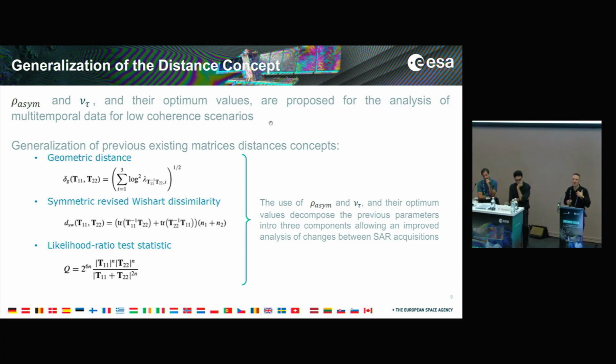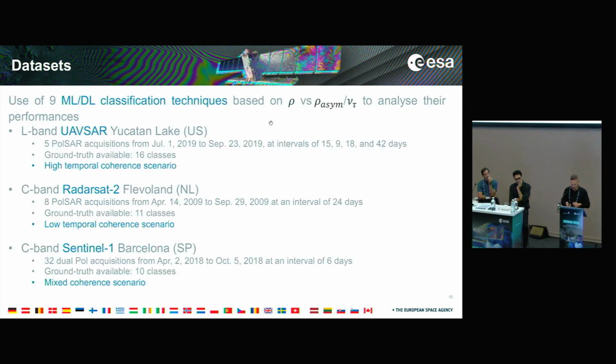At the moment, we don't really know the consequences of this decomposition in terms of the distances, because we haven't worked on that piece of work yet. We just wanted to show that this decomposition of the coherence can also be related with the concept of distance, and we can decompose it at the end.